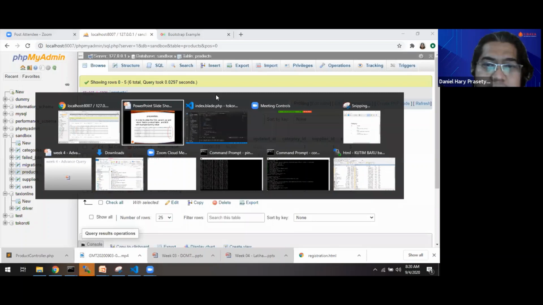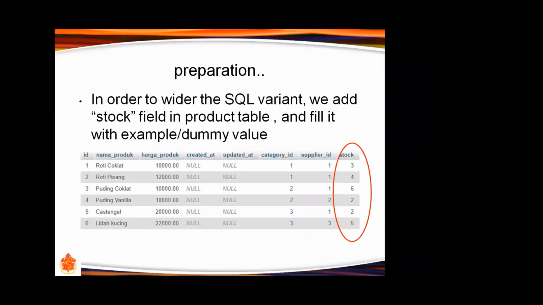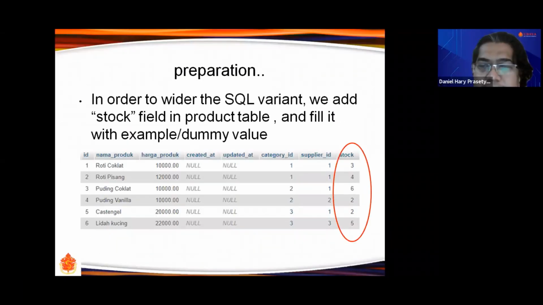We add one new column, sir, with the name stock, type integer, and then just fill it with example or dummy values. Okay, sir.